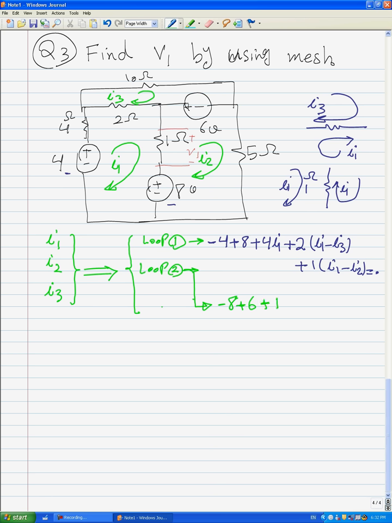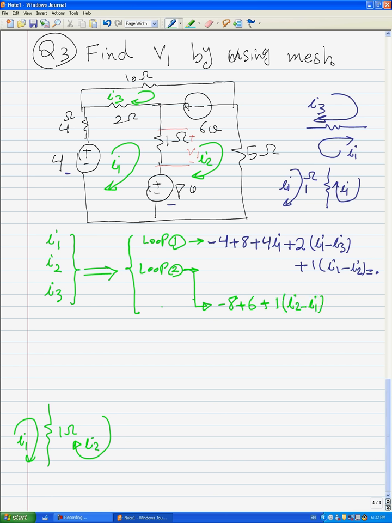Be careful, for loop 2 we have 1 ohm here, with I2 here and I1 here. That's why the voltage across the 1 ohm should be 1 times I2 minus I1.